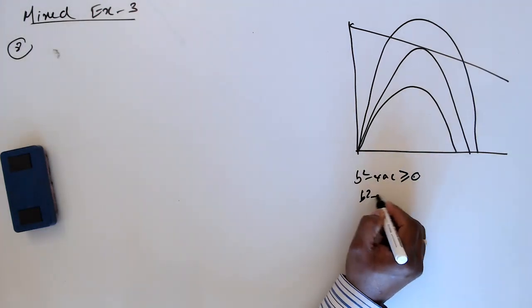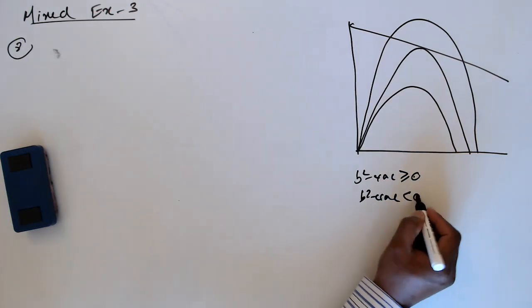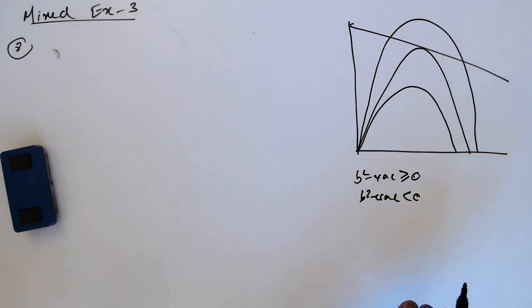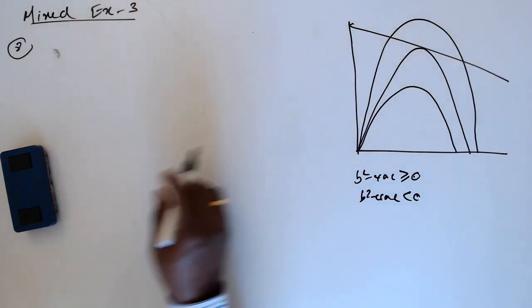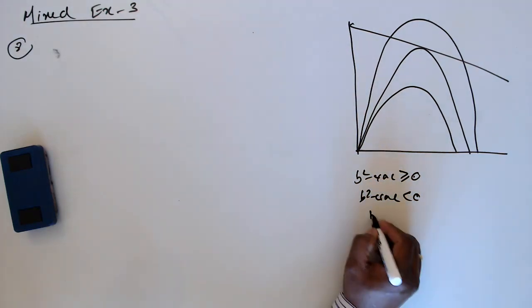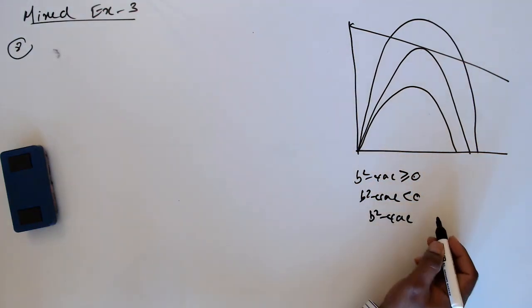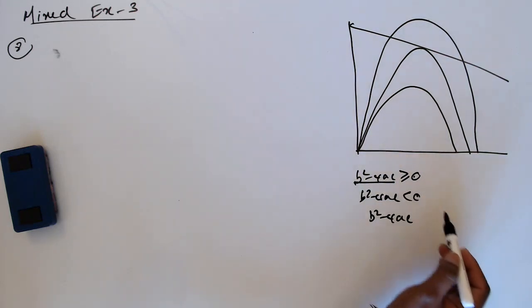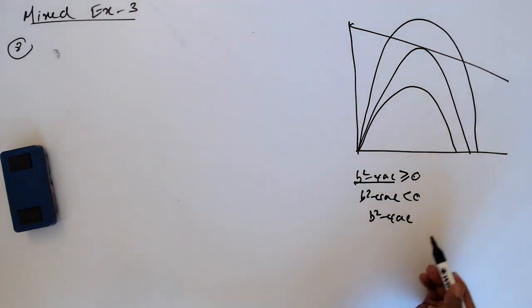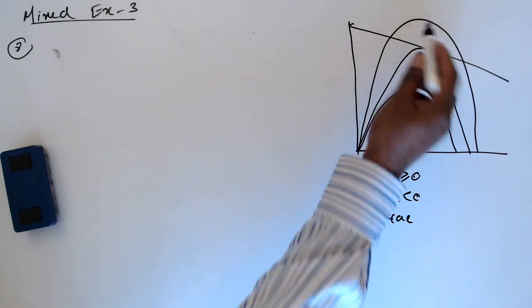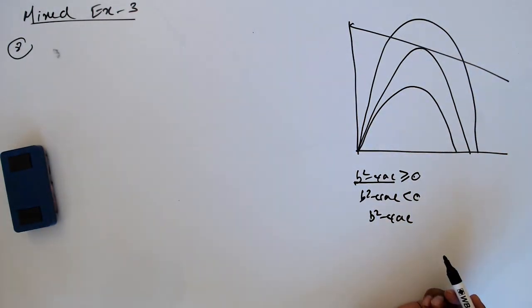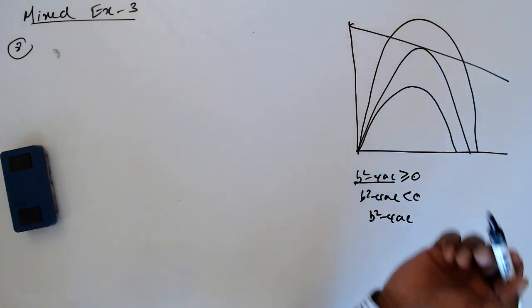If b square minus 4ac is less than 0, no roots. Now the question is whether the predicted model will hit the ceiling. It means we want to check the b square minus 4ac value, and if that value is greater than or equal to 0, then either it will touch the ceiling or it will hit the ceiling.